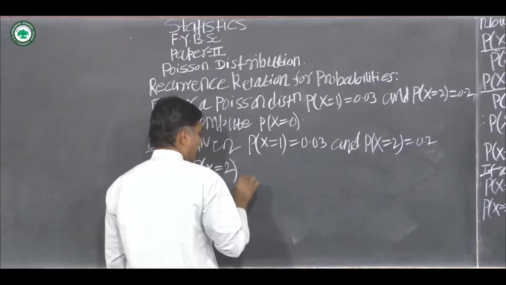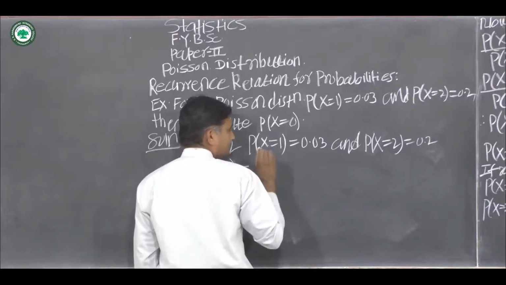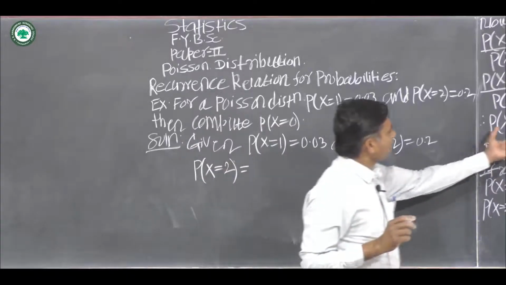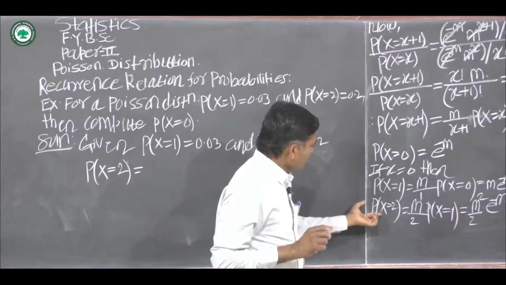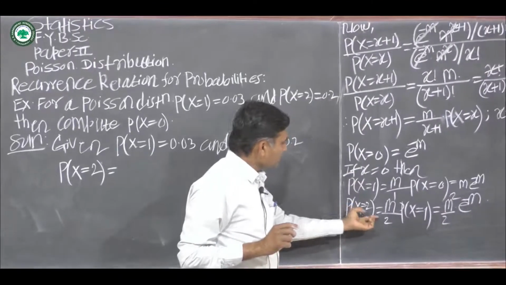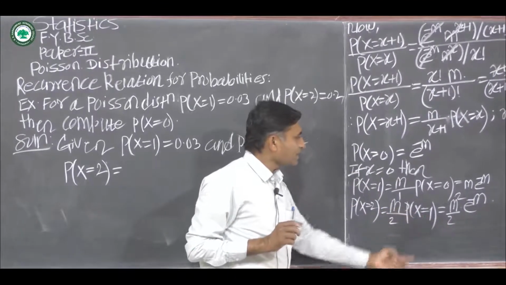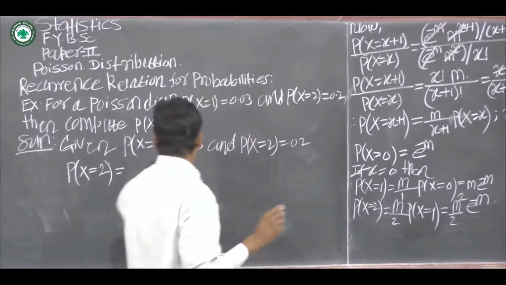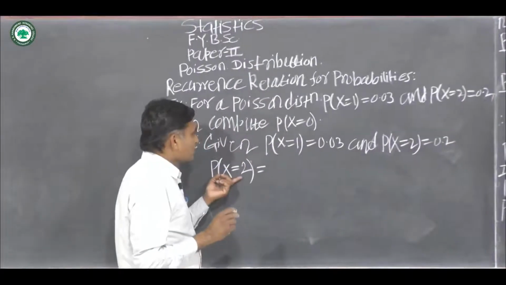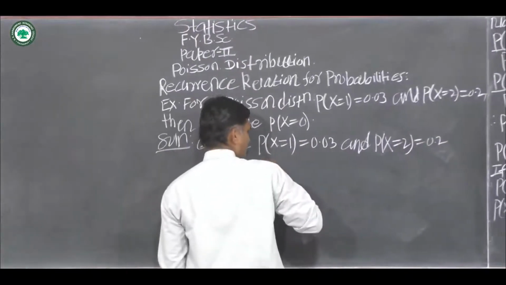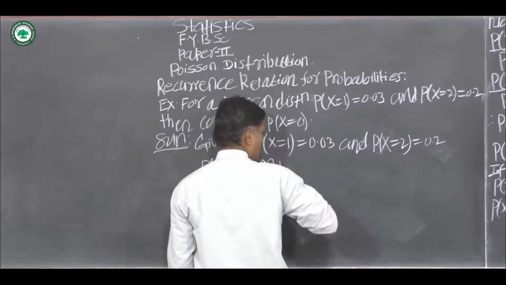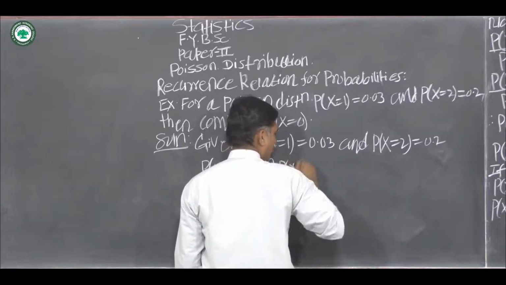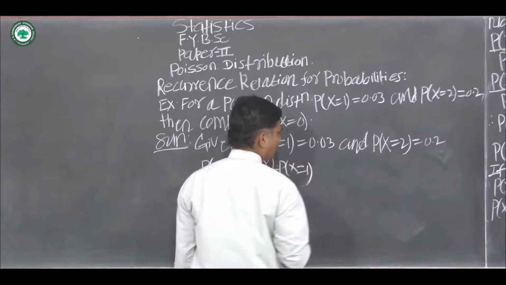In this relation we put x equal to 1, then we will have probability of x equal to 2 equal to m upon 2 into probability of x equal to 1.